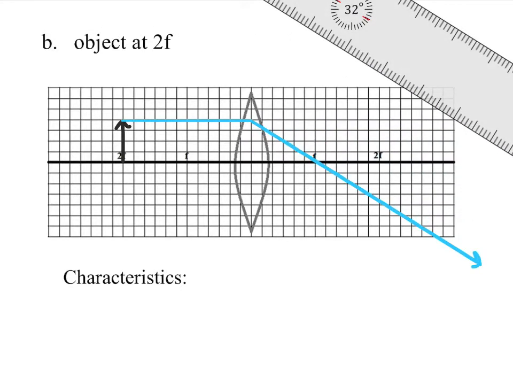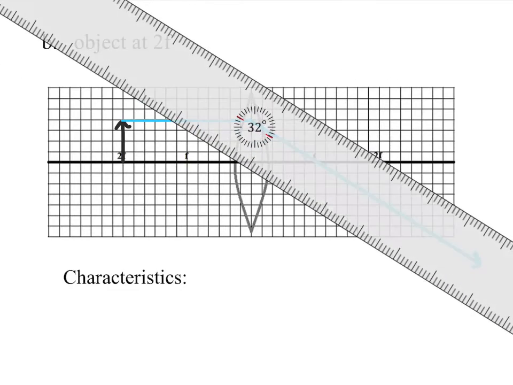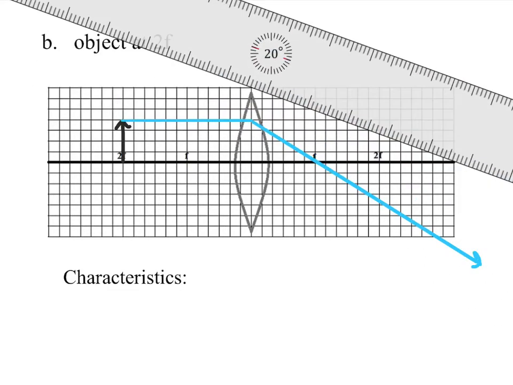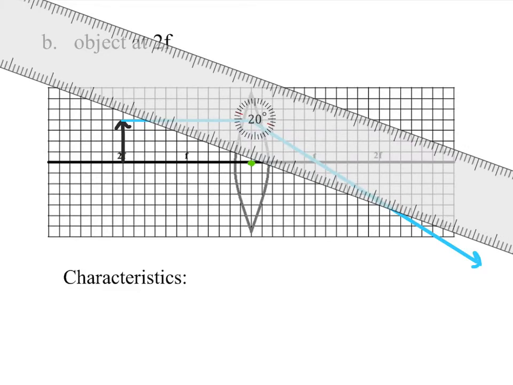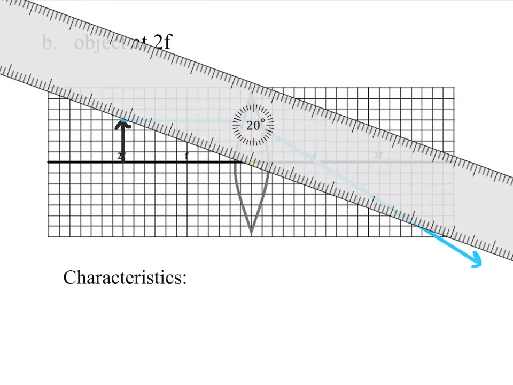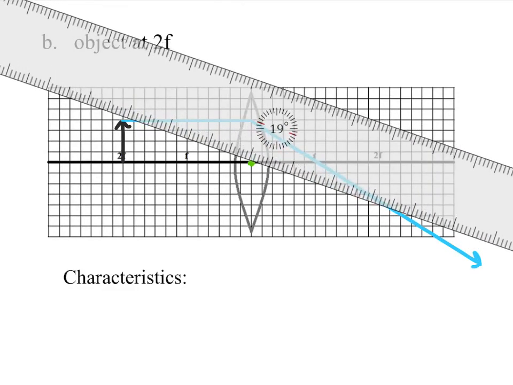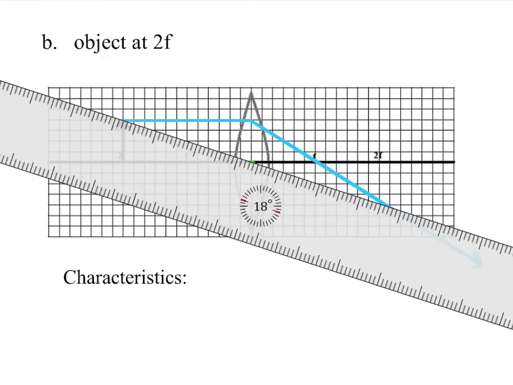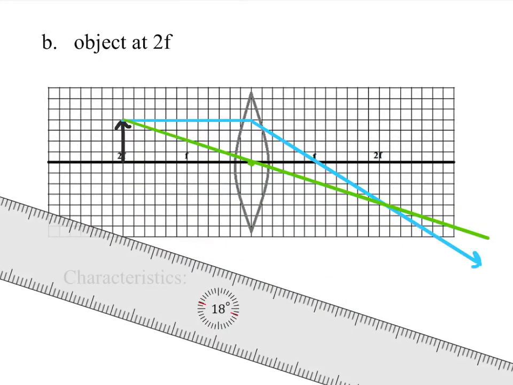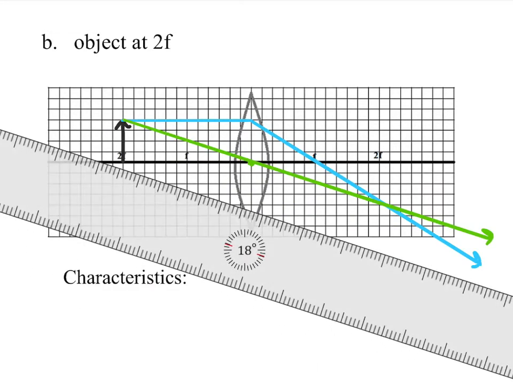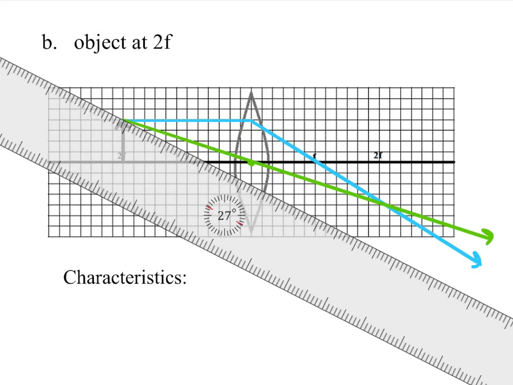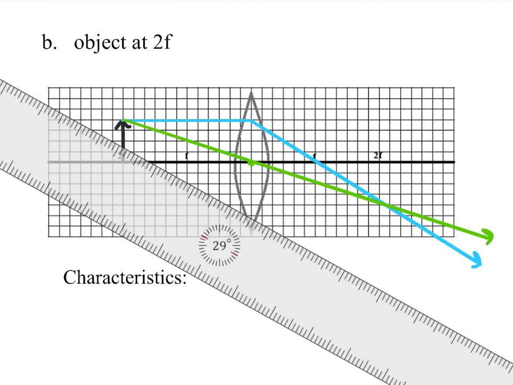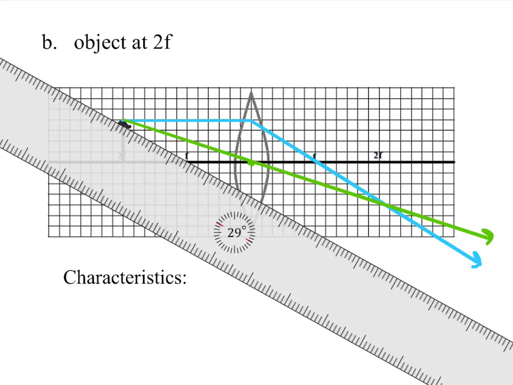So to something like that. And then we have the one that goes right through the center, which again is just right smack dab in the middle there along the principal axis. Okay, there's our guy through the optical center, and then of course the other one is going through the focal point on the same side and then refracting parallel.